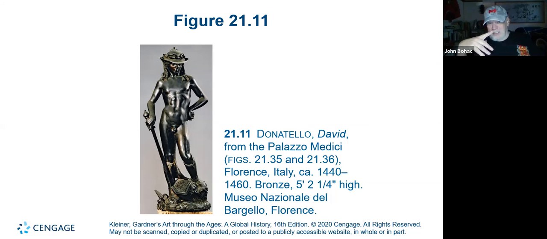And we certainly didn't see that in the Northern Renaissance. This is the first nude we've seen. Okay, I'll tell you. Humanism.